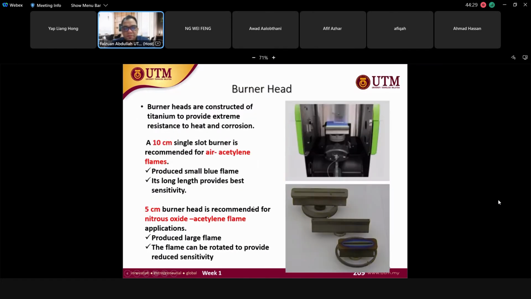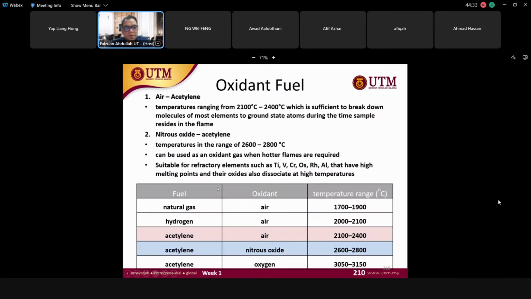All right, so this is how the burner head looks like. We have two types of oxidant and fuel in the burning process in flame AAS. We have a combination of air and acetylene, with a temperature ranging about 2100 to 2400 degrees Celsius.